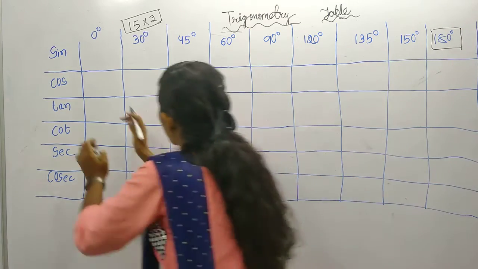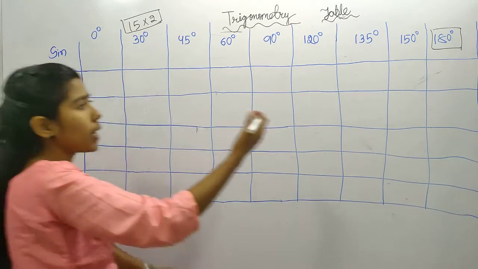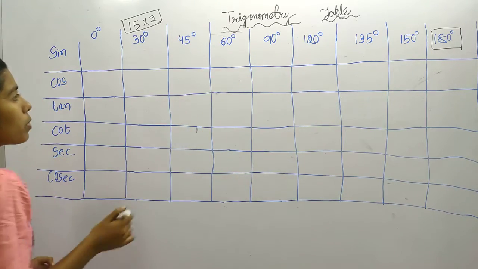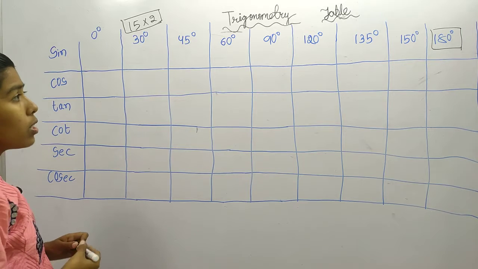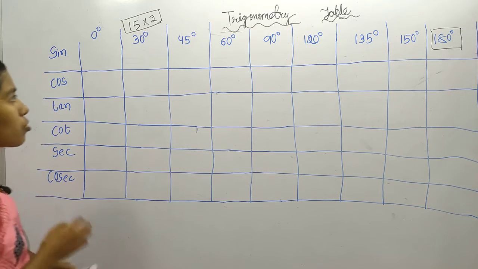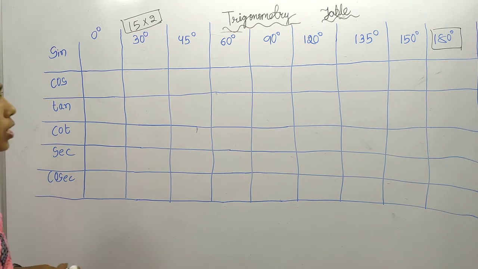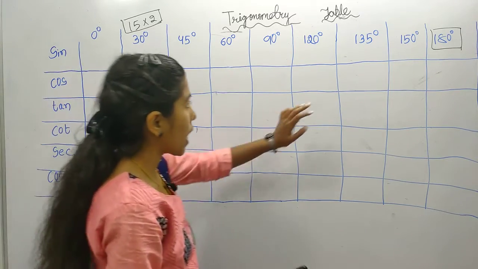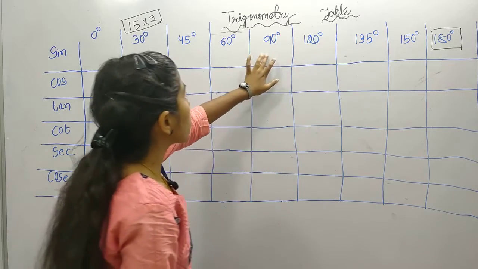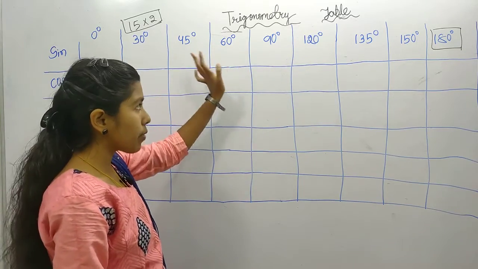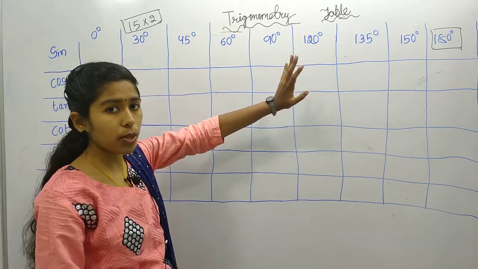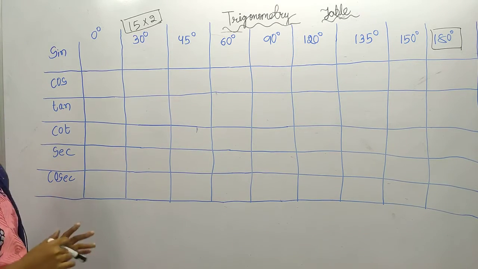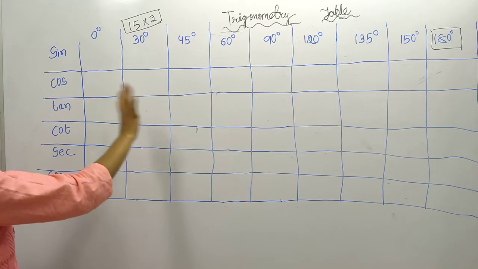So 0 degree will come at first and 180 degree will come at last. In the middle you can remember by remembering your 15 table. Here 15 into 5, 75 degree will be absent, and 15 into 7, that is 105 degree. These two angles will be absent here. So angles over.